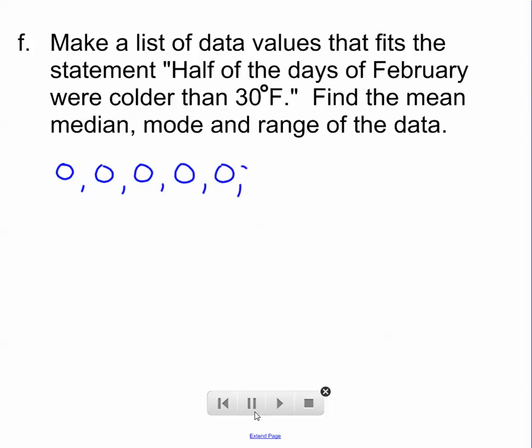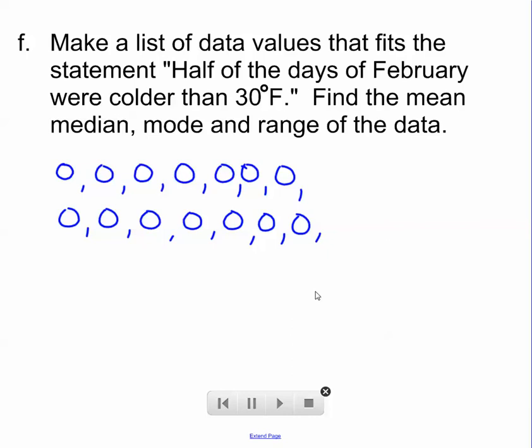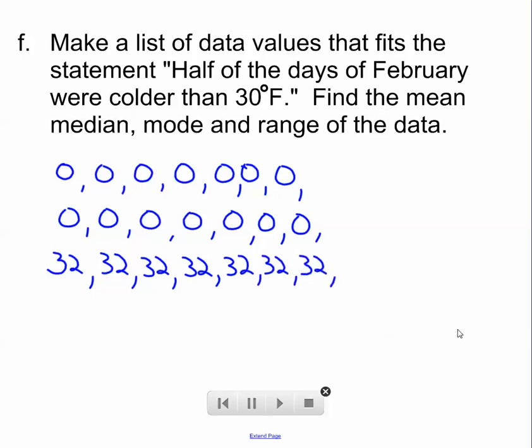I'm going to make a list of data values. There's 14 days that are colder than 30 degrees Fahrenheit. And here's another 14 days that are not colder than 30 degrees Fahrenheit. So this fits the statement that half the days of February were colder than 30 degrees Fahrenheit. Pretty lazy list, but it'll work.